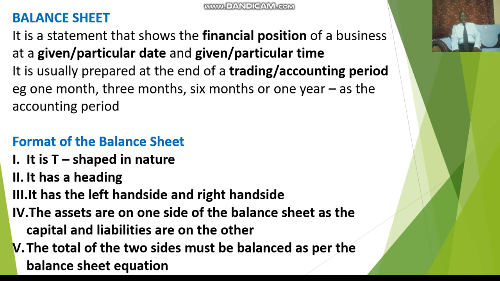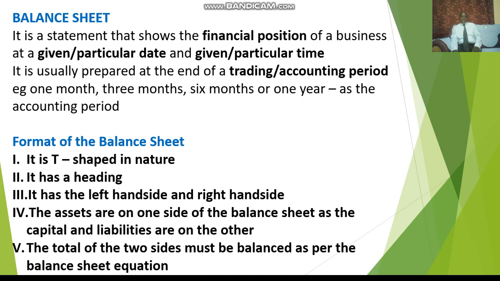It's usually prepared at the end of a trading period or an accounting period, depending on the organization. The period can be 1 month, 3 months, 6 months, or 1 year. In most organizations, it is usually 1 year.